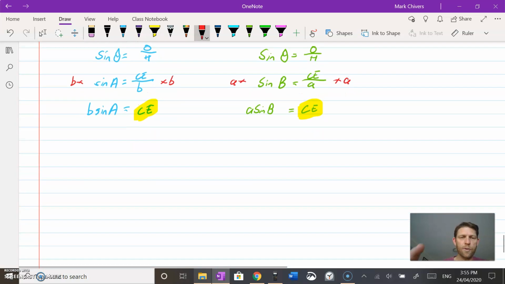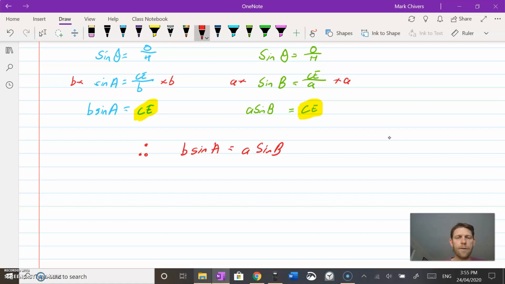So we can therefore say that b sine A equals a sine B. Now, we could use the sine rule just like that, but we kind of like the idea of having the a's and the b's together.